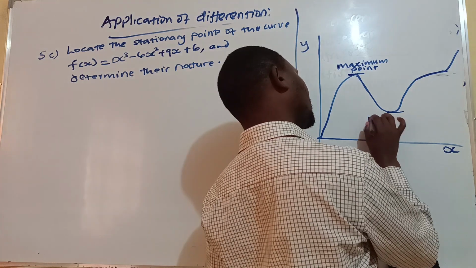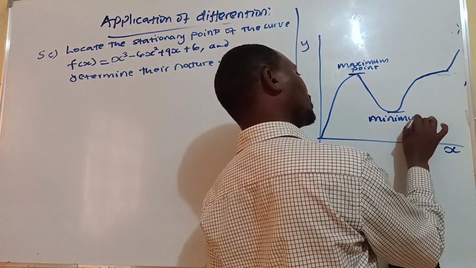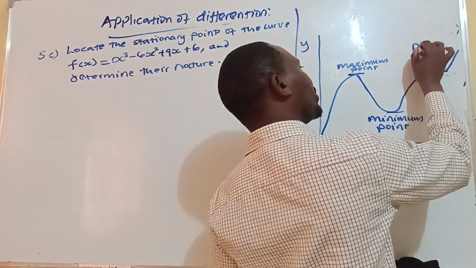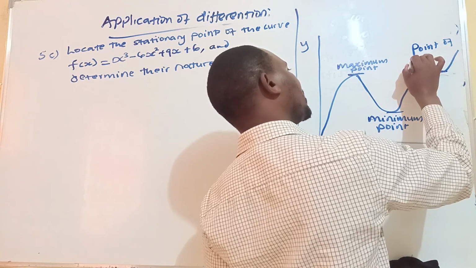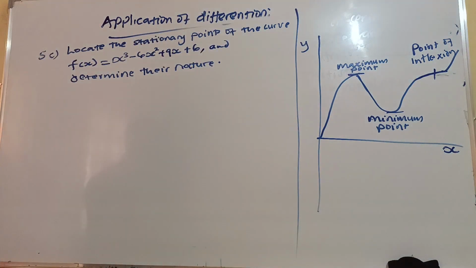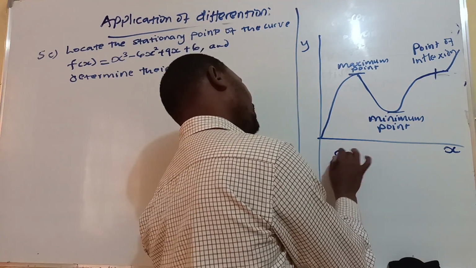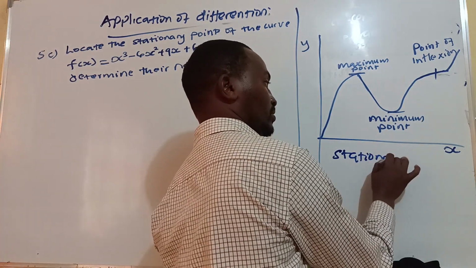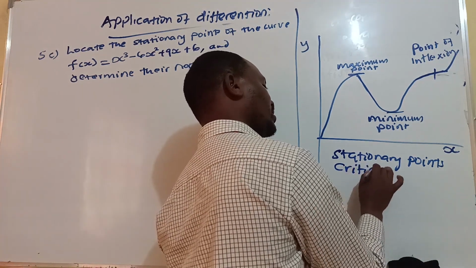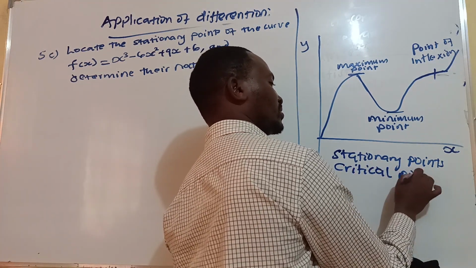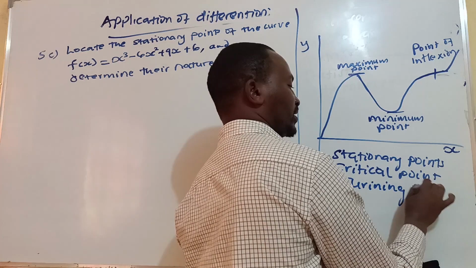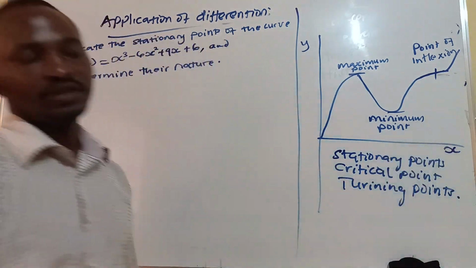This is a minimum point. This here, somewhere here, is a point of inflection. So the 3 points in general can be called stationary points, or critical points, or turning points, whichever name you wish to use.